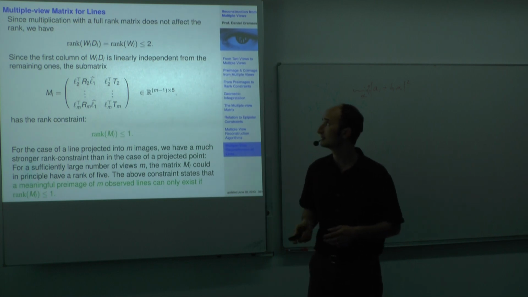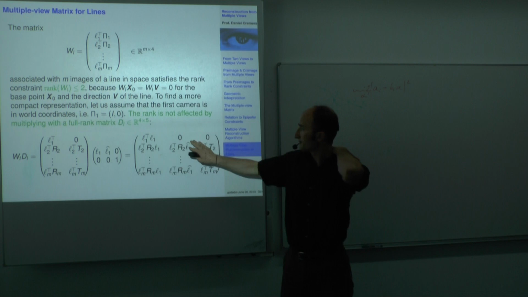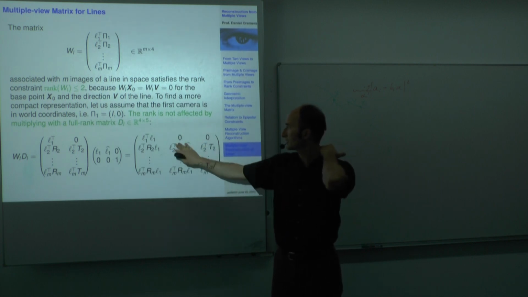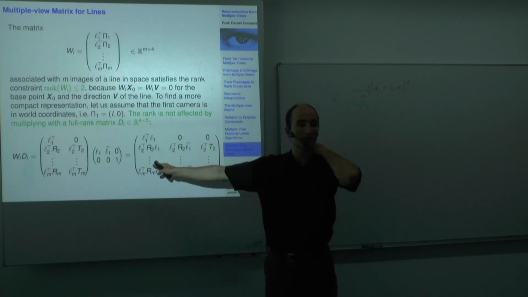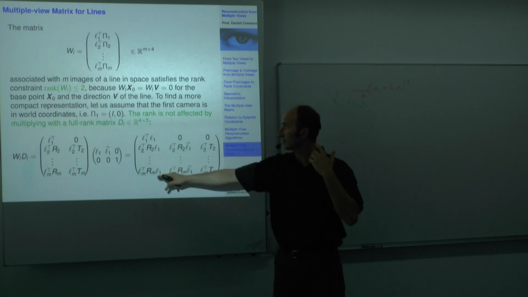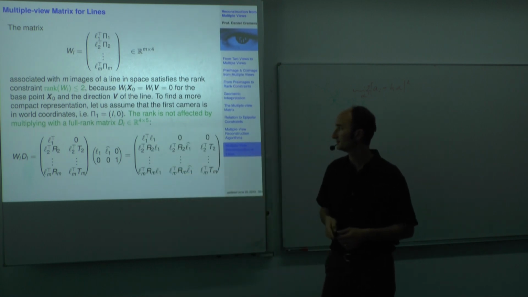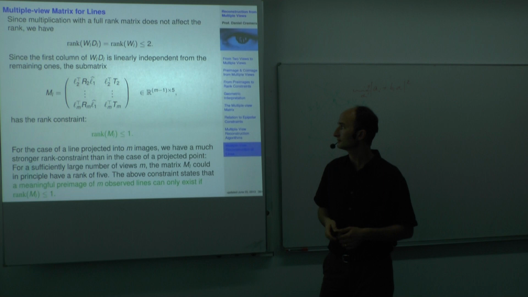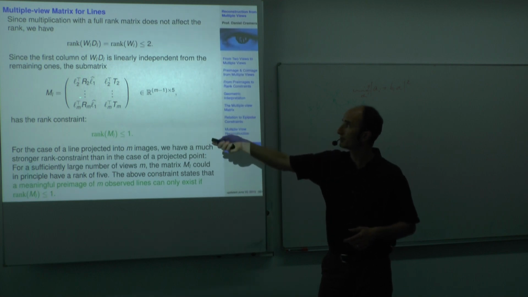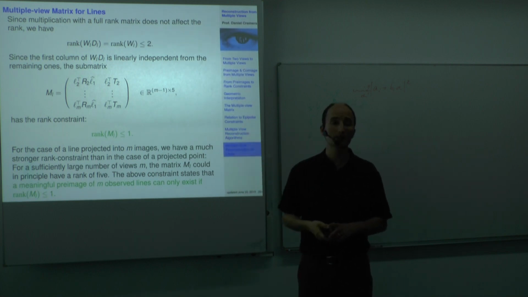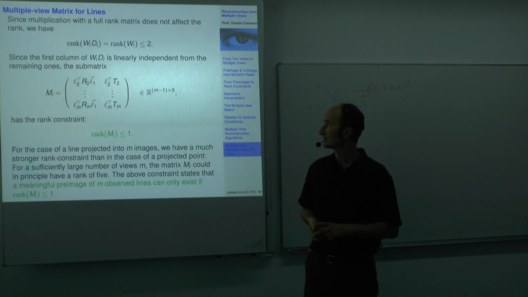Otherwise you would have, see, the rank of the whole matrix is the rank of this one plus 1, because here we definitely have a linearly independent vector. And so we have that submatrix, we call it the multiview matrix for lines, and that has rank less than or equal to 1.